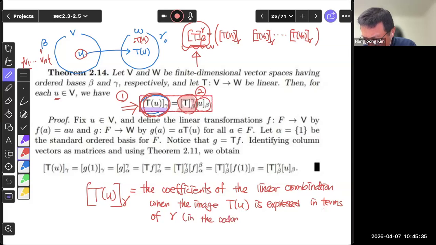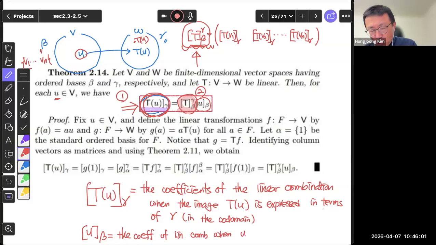And what is this? That is the coefficients of the linear combination when u vector is expressed in terms of beta in the domain.